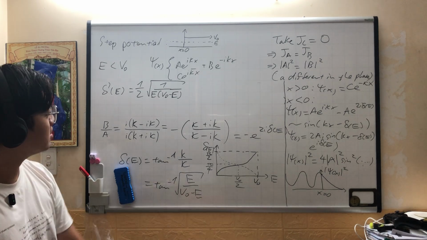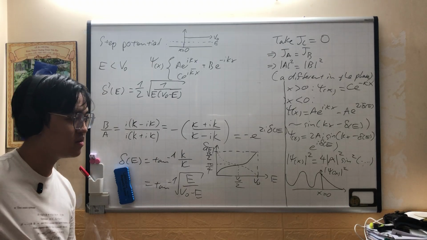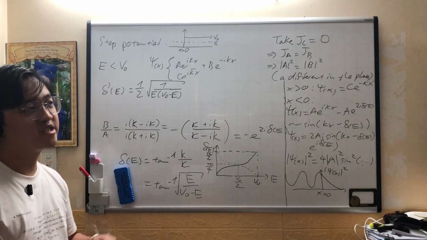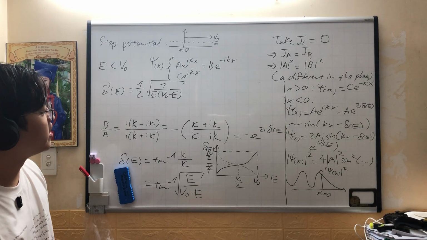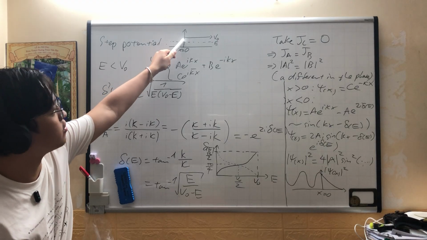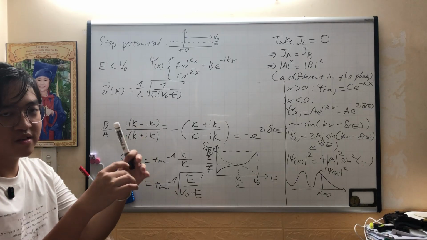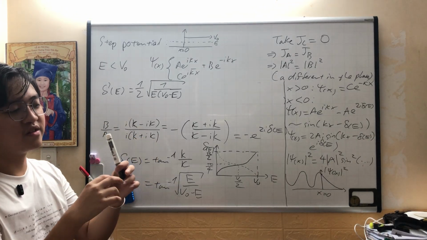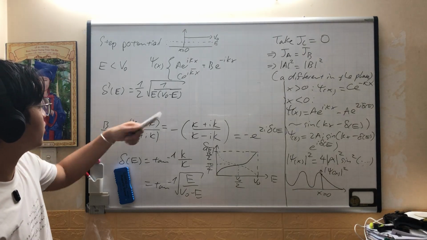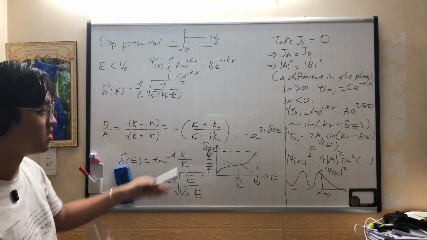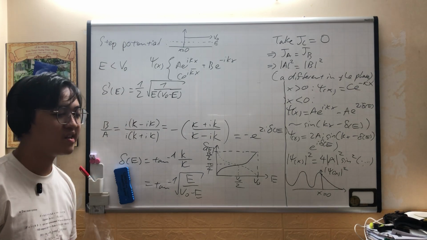And at V naught, the time delay is also very large. So that would explain a phenomenon where your wave function, when it hits this sort of step or a barrier, is going to be lingering a bit before it goes away. So that would explain that phenomenon. This is going to explain later the Wigner time delay.